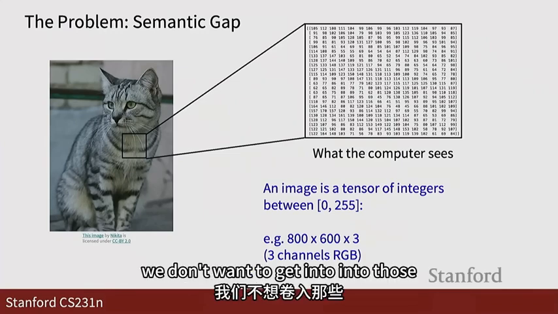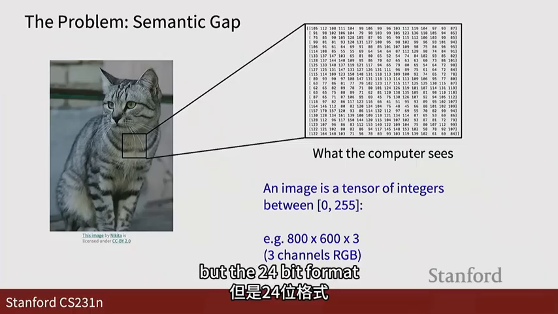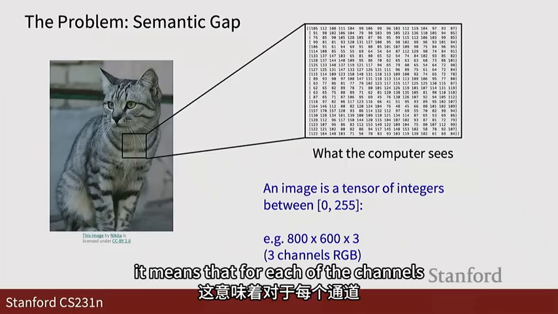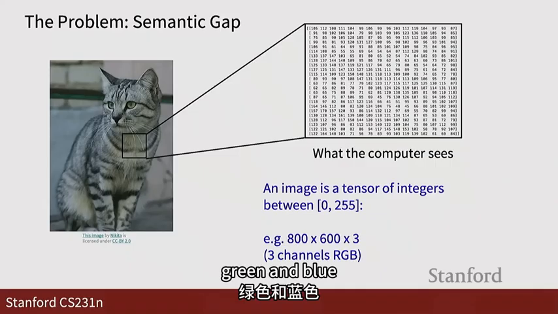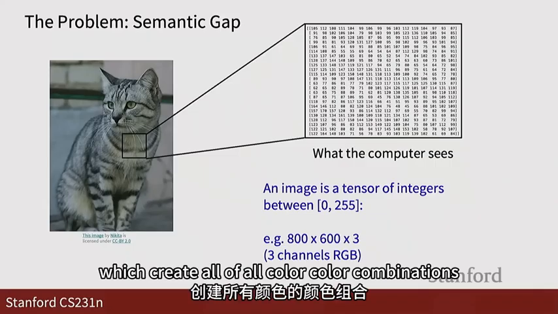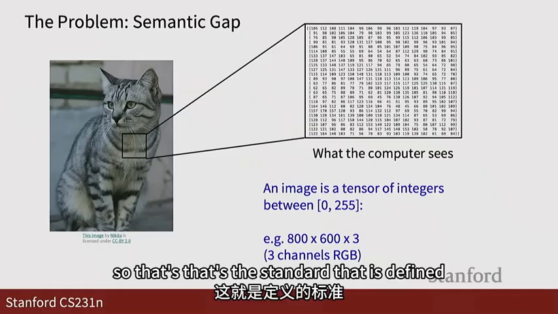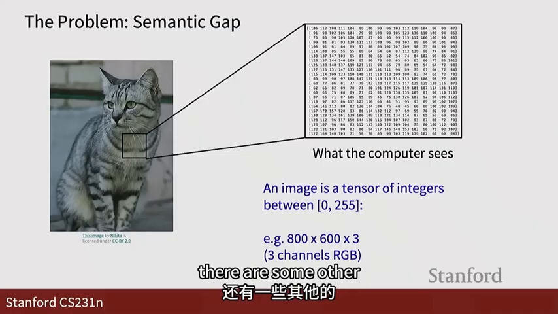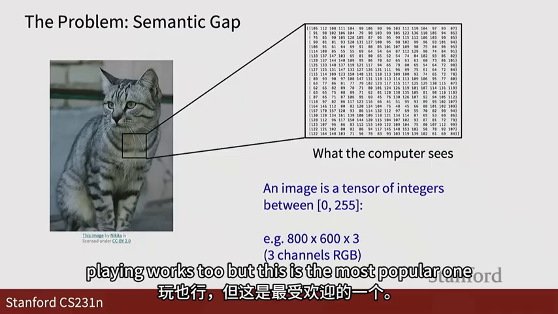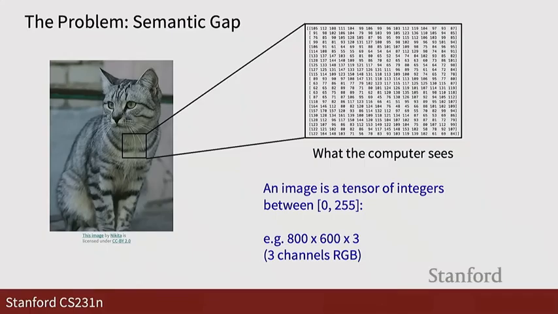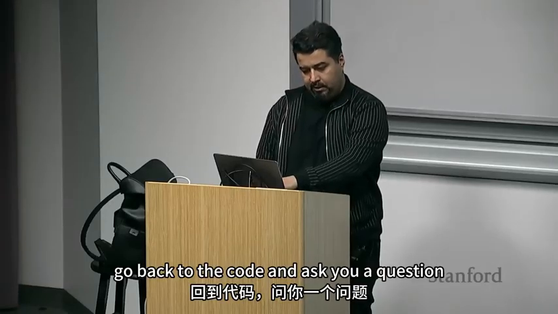We don't want to get into those, but the 24-bit format means that for each of the 3 channels of red, green, and blue, which create all color combinations, we can have 8 bits. So that's the standard that is defined. There are some other frameworks too, but this is the most popular one. So with that, let me go back to the code and ask you a question.